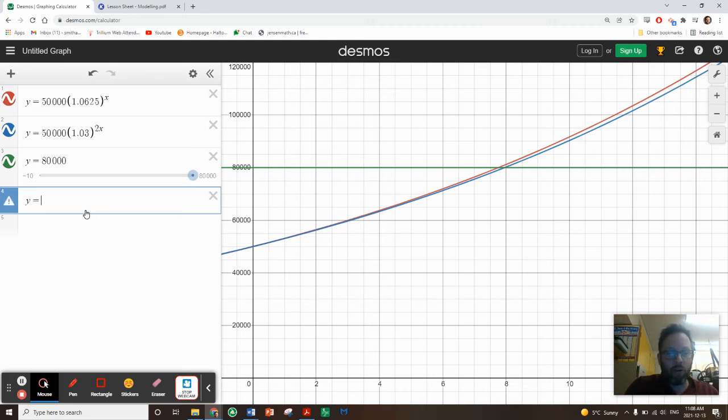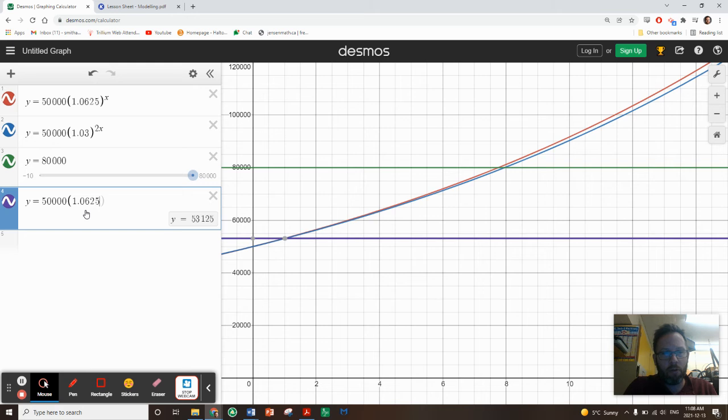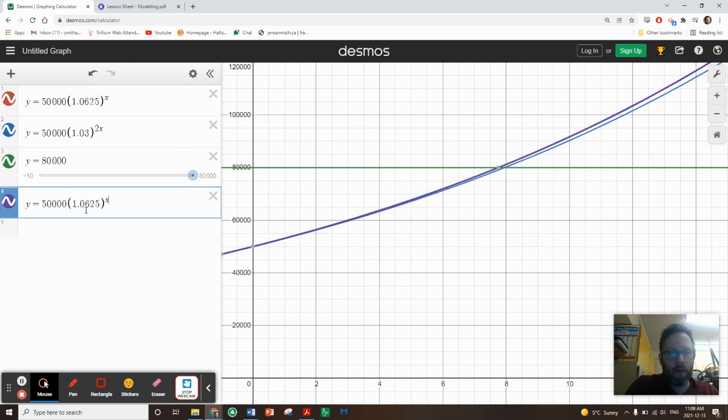So I'm going to make a new function. It's going to be the same as the original Lakeland savings bond. However, I'm going to add this. We're going to graph this one as if we got penalized for making a withdrawal. Remember, the penalty for making a withdrawal was 2% of the principal?